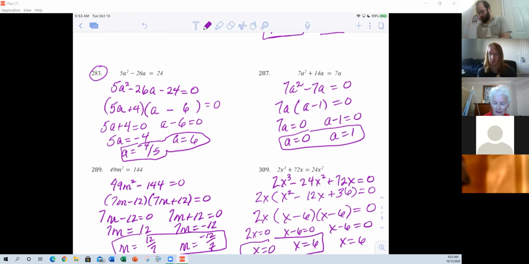On 287, if you take 7a² plus 14a and you subtract 7a from both sides to make that equal to 0, before you start factoring, you have to combine like terms. That 14a minus 7a becomes plus 7a.